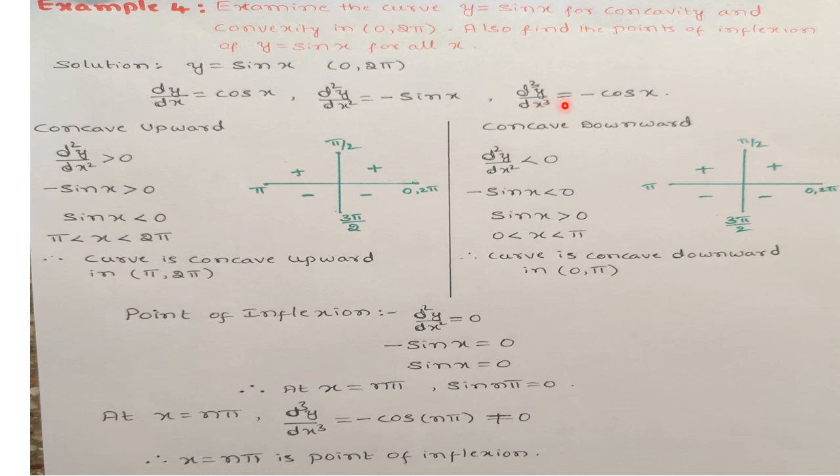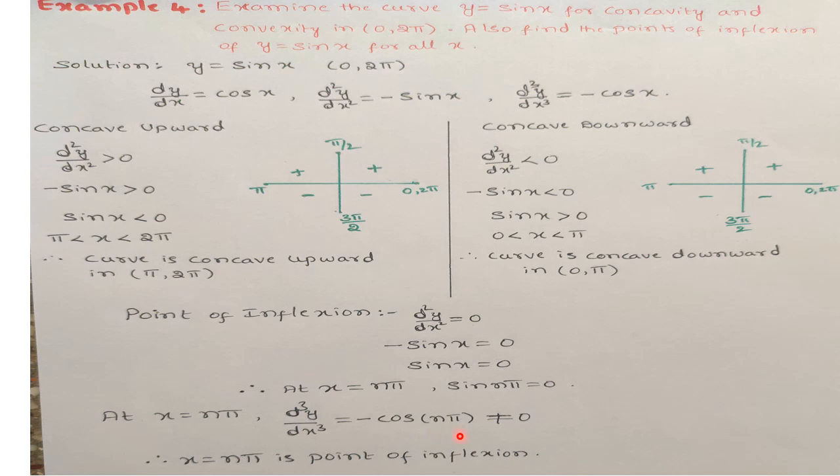Whether it is positive or negative, whatever it may be. At x equal to n pi, d cube y by dx cube is equal to minus cos of n pi, isn't it? As you all know, if n is an integer, cos of even times pi is plus 1, and cos of odd times pi is minus 1.